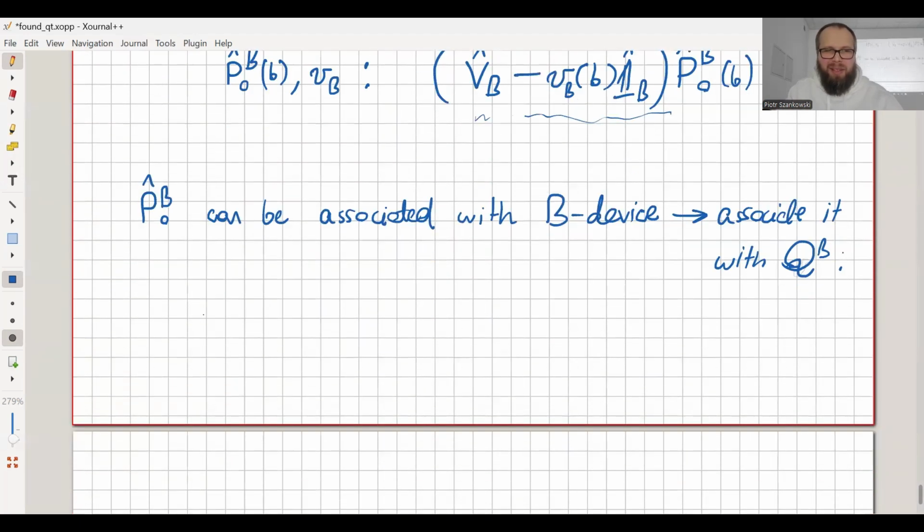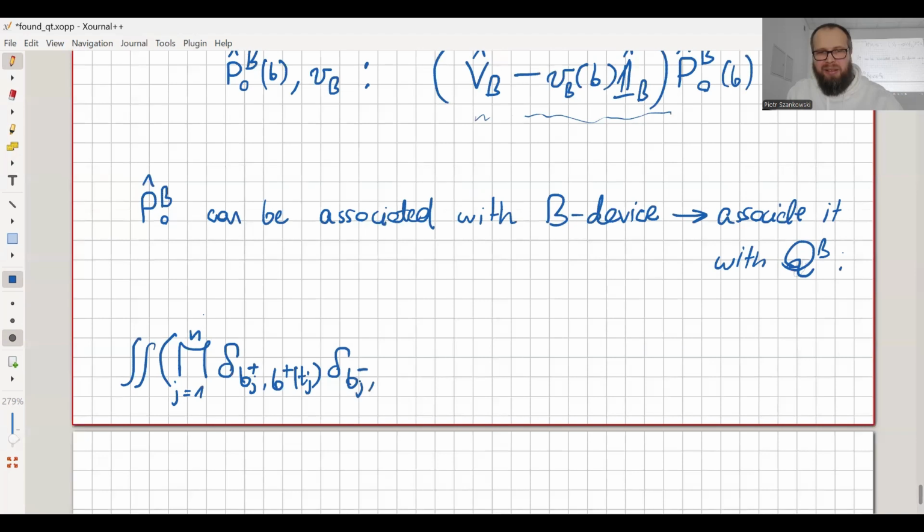And master measure in the sense that if you take a double integral and you take a restriction, delta of b_j plus minus b plus t_j, delta of b_j minus minus b minus t_j, so this is a filter.